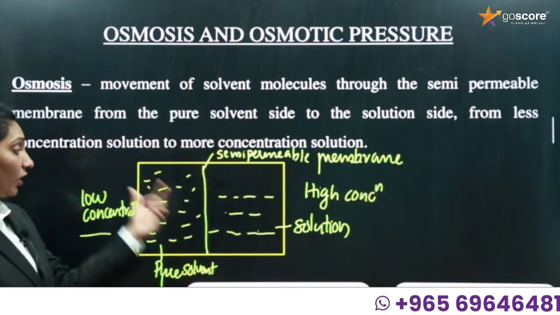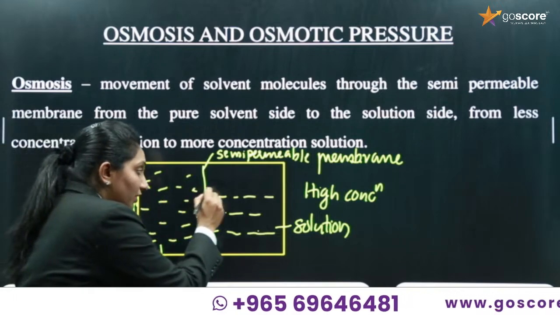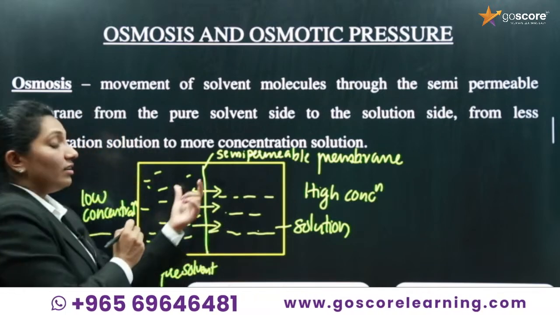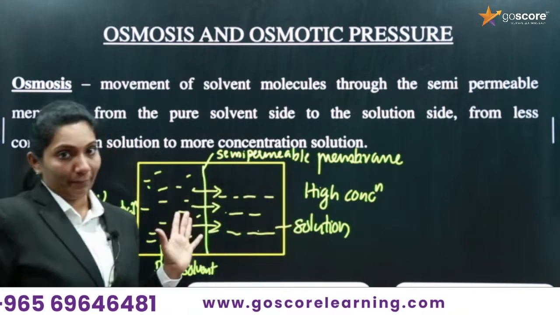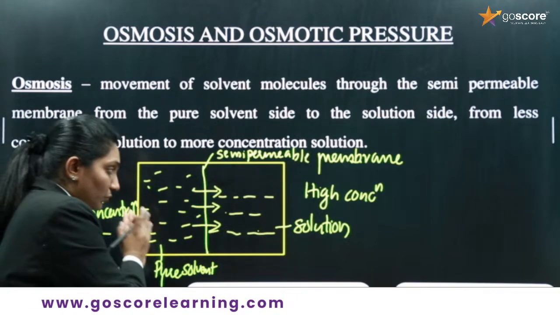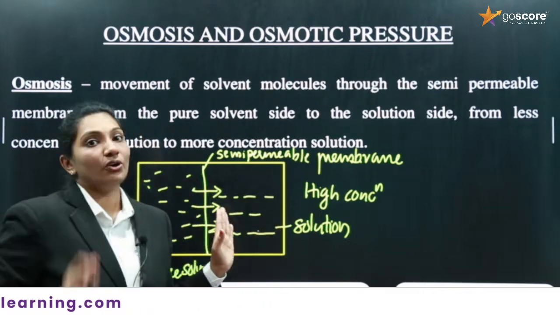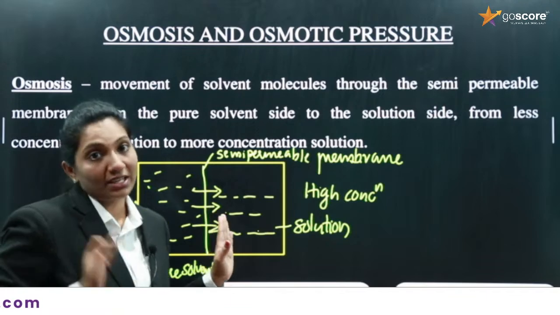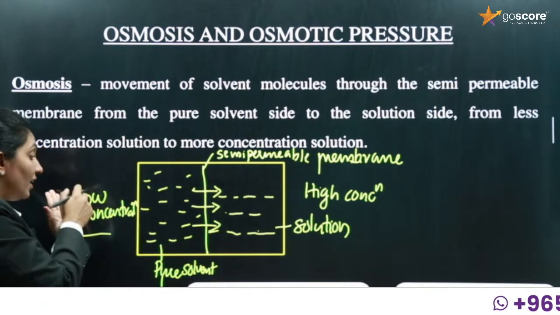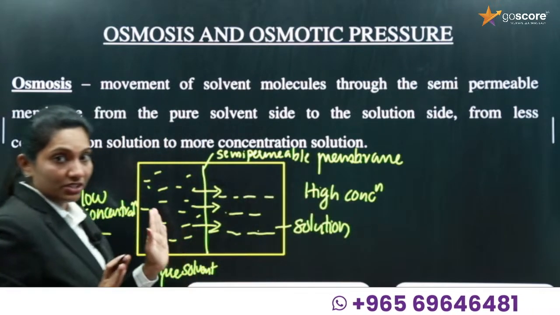So the water will move from the pure solvent to the solution side through the semi-permeable membrane. The movement of pure solvent through a semi-permeable membrane to the solution is what we call the osmosis, or we can say the movement of pure solvent from a low concentration region to a high concentration region.